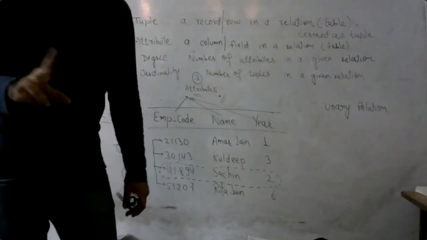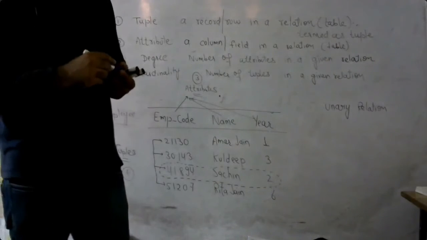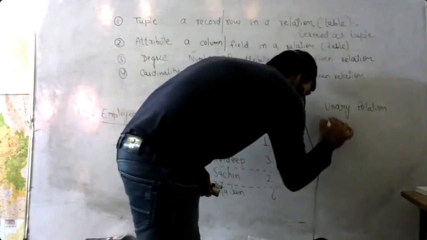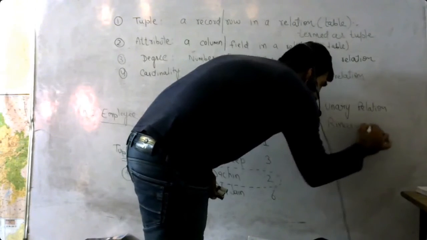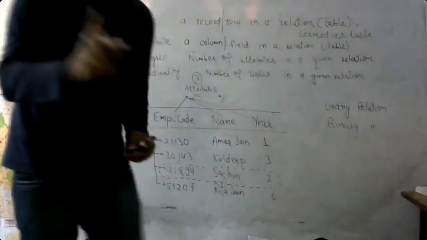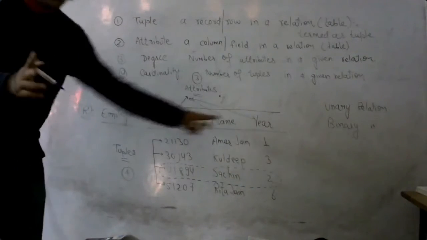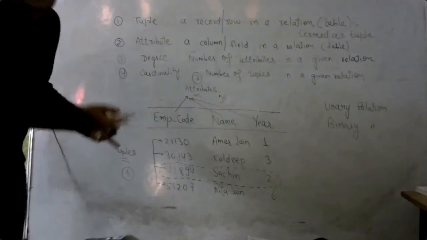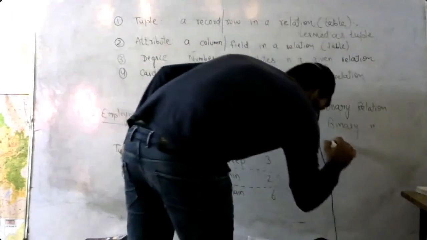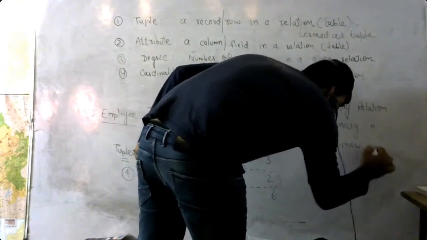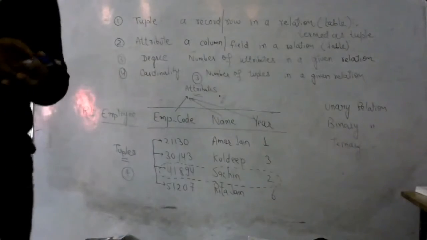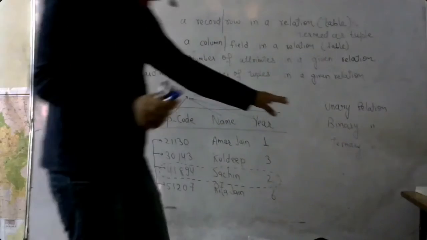If a relation consists of two attributes, it is a binary relation. If a relation consists of three attributes, it is a ternary relation, and so on. Let me repeat once more.